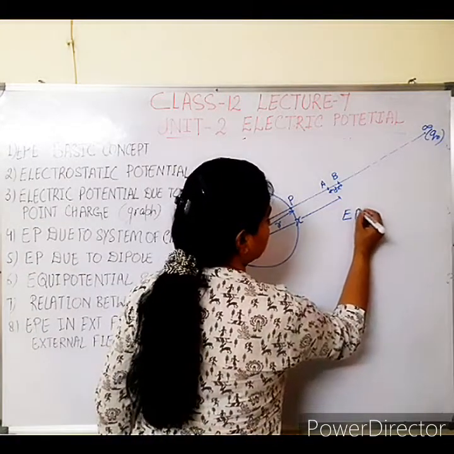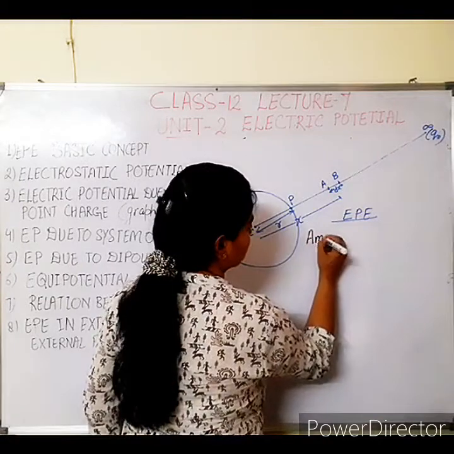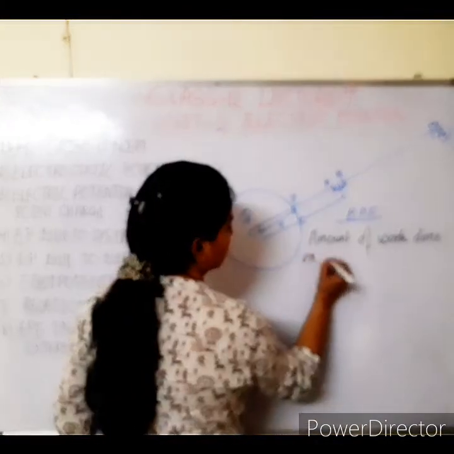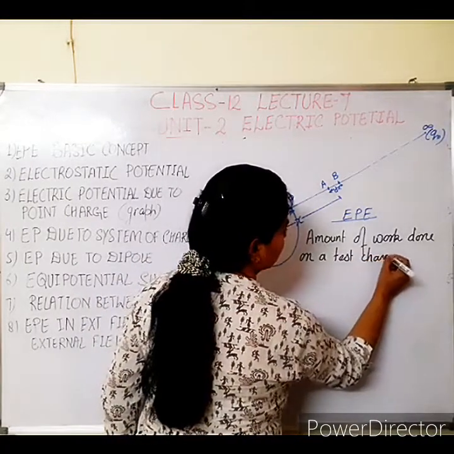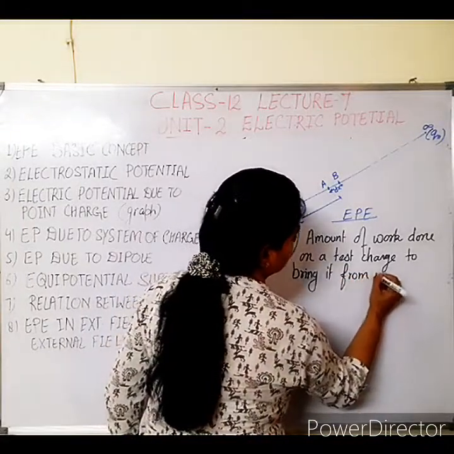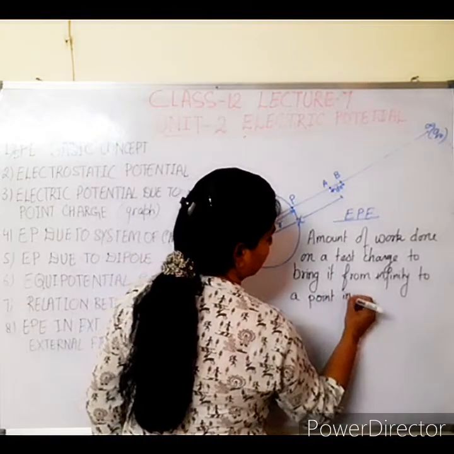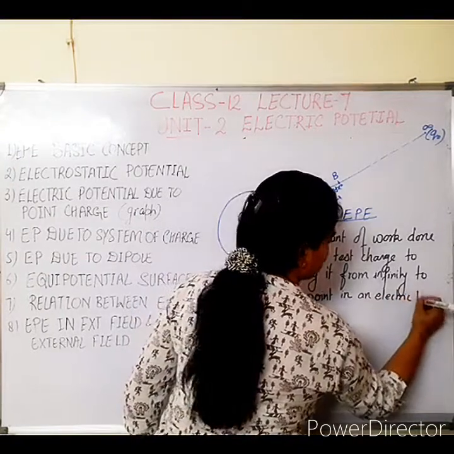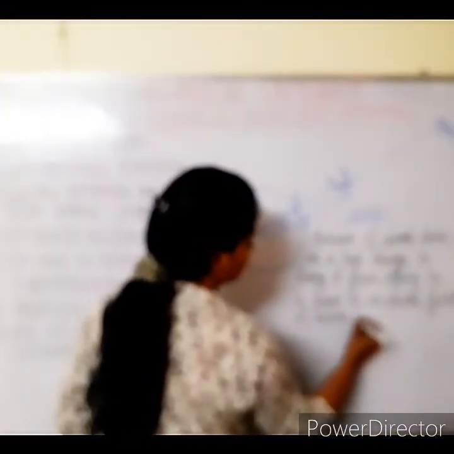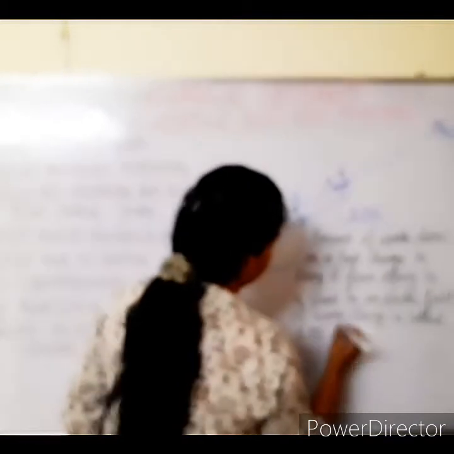You can write this definition, EPE, electrostatic potential energy: the amount of work done on a test charge to bring it from infinity to a point in an electric field of source charge is called electrostatic potential energy.